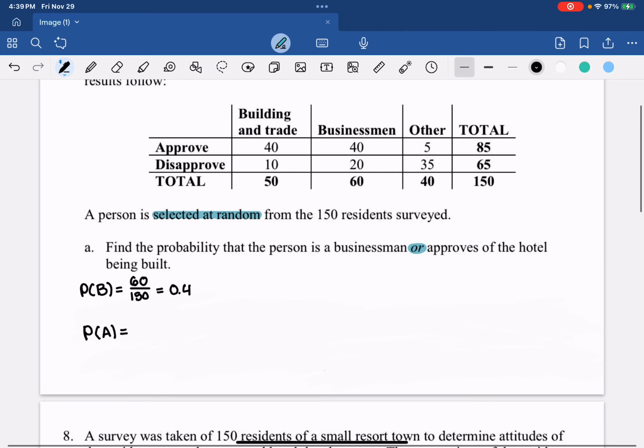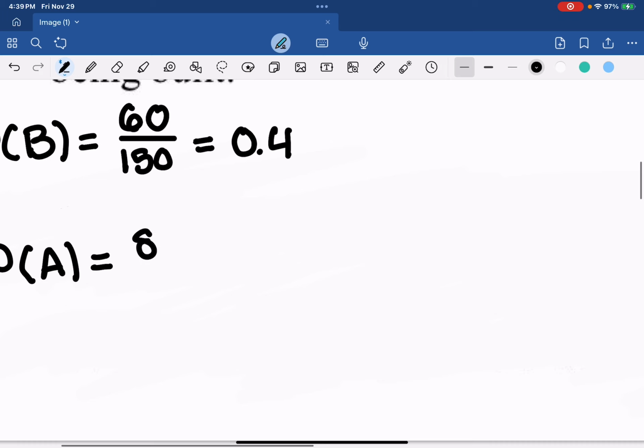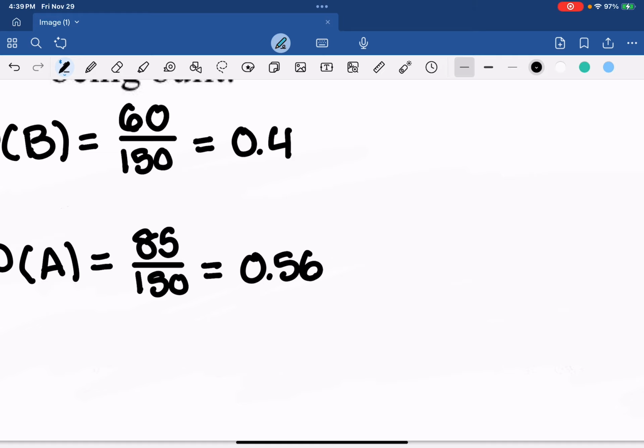Same thing we did above. So 85 people approved of 150, and that comes out to roughly, we're just going to estimate, 0.5667.